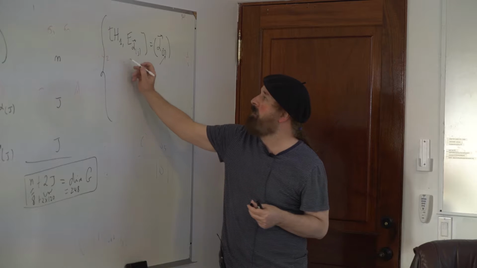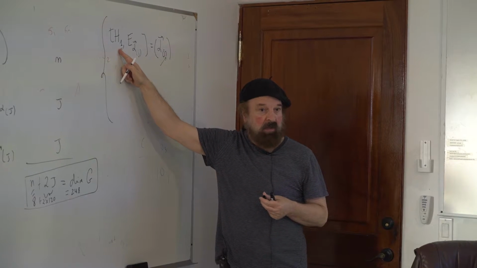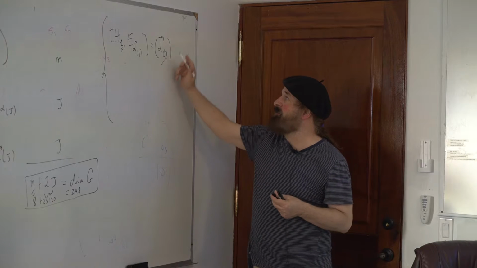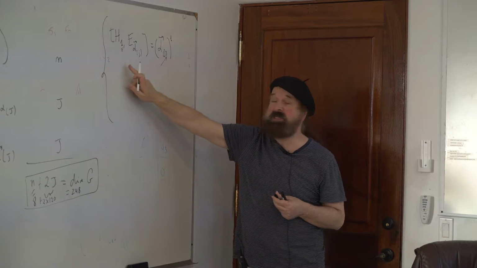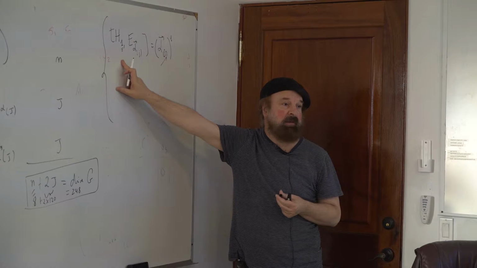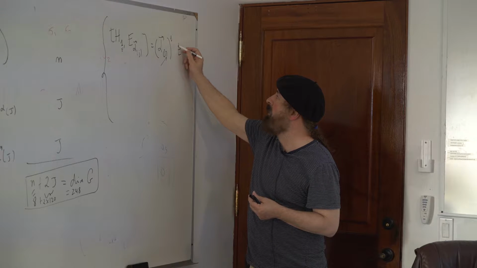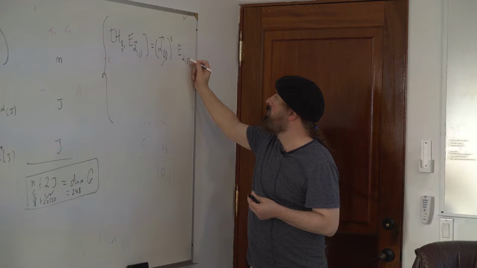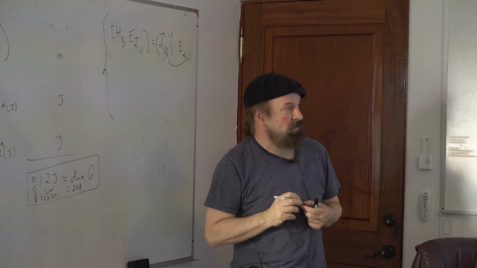Here I have label number 1, so I need to specify the first component because it's associated with the first Cartan generator. And here I have a multiple of my root. Remember, I'm not using the Einstein summation convention.